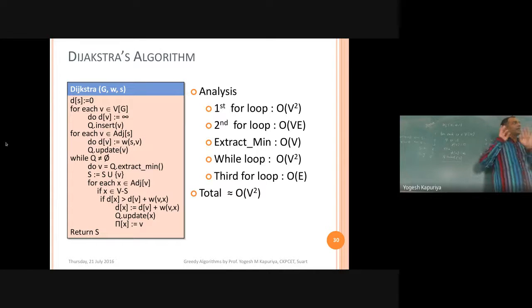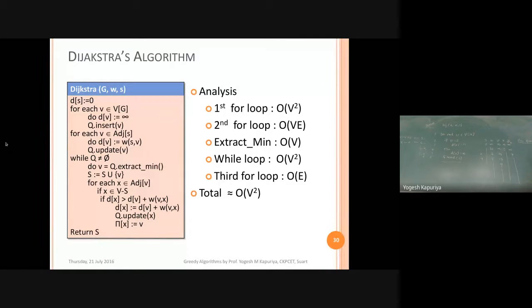That's why this loop can run maximum E times, where E is your number of edges. E times you are performing a V operation. That's why the time complexity for this loop is big O of VE. Here it is big O of V square, because we are doing V times V. V square, E times V, VE.